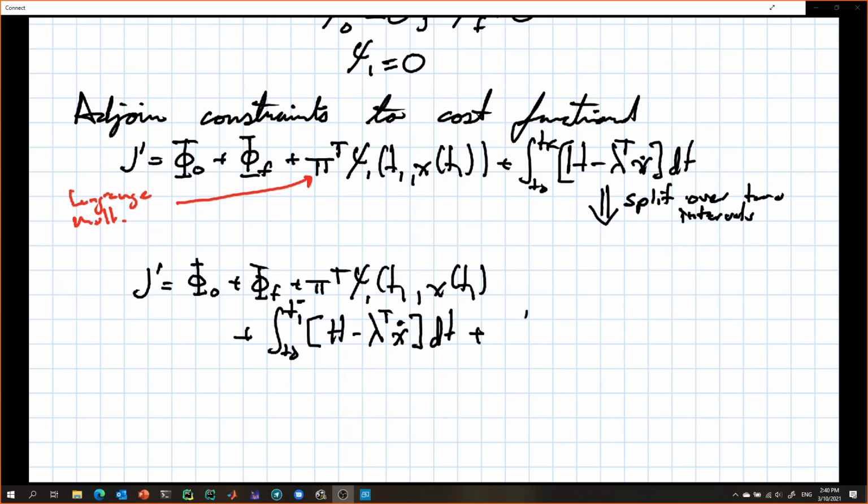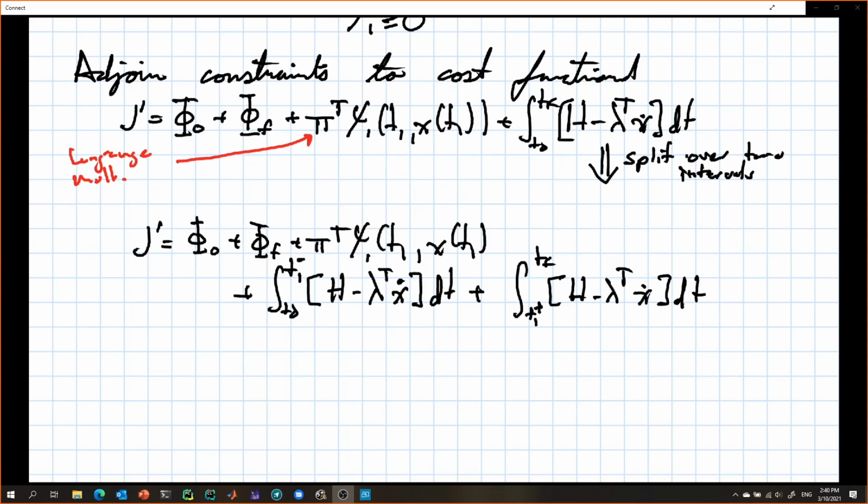And then we go from T1, but from the right-hand side to TF. And you can imagine if you have 3 or 4 or 5, or even more intervals, you can do the same thing.